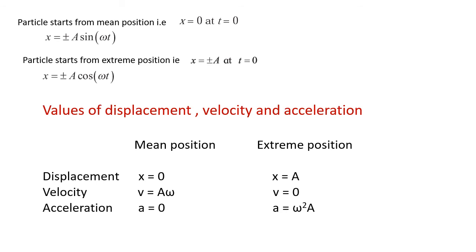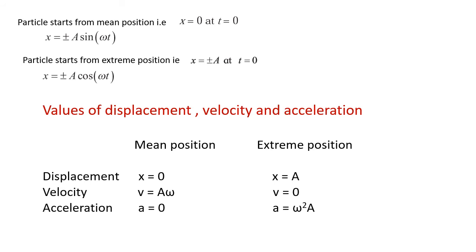The displacement will be given by x is equal to plus minus a sine omega t. And if the particle is starting from extreme position, that is if the displacement is equal to amplitude, so x is equal to plus minus a, in that case the displacement of the particle will be given by plus minus a cos omega t.